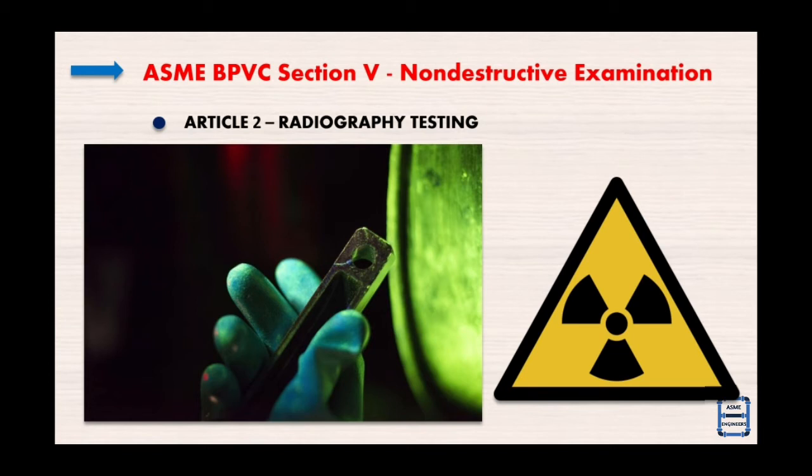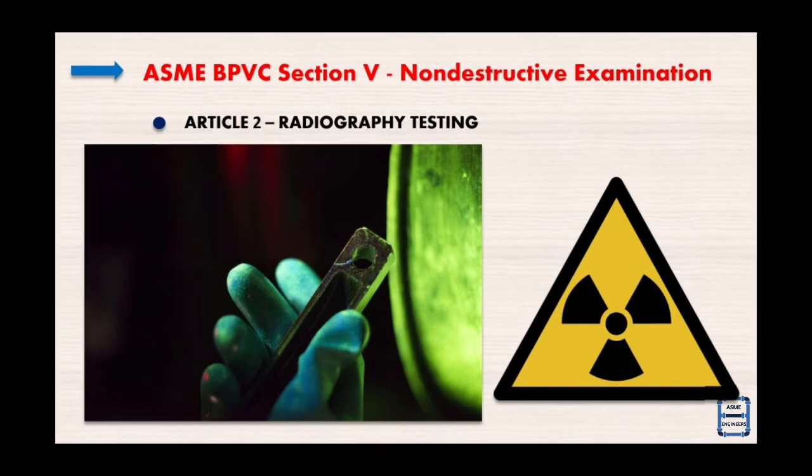Article 2 provides the procedure for radiographic testing. Articles 4 and 5 provide the procedure for ultrasonic testing, and similarly Article 6 provides the procedure for liquid penetrant test, and so on. These procedures are used to test a component and find out if any flaw or discontinuity is present inside that component.